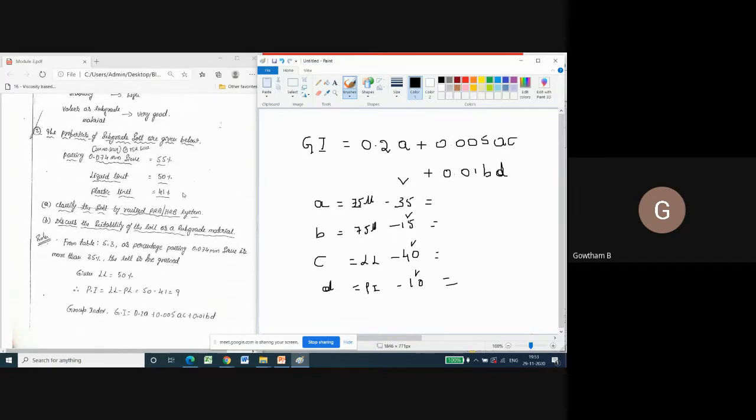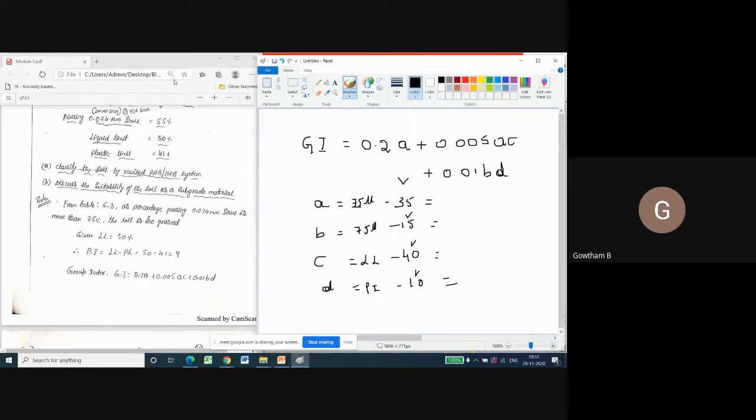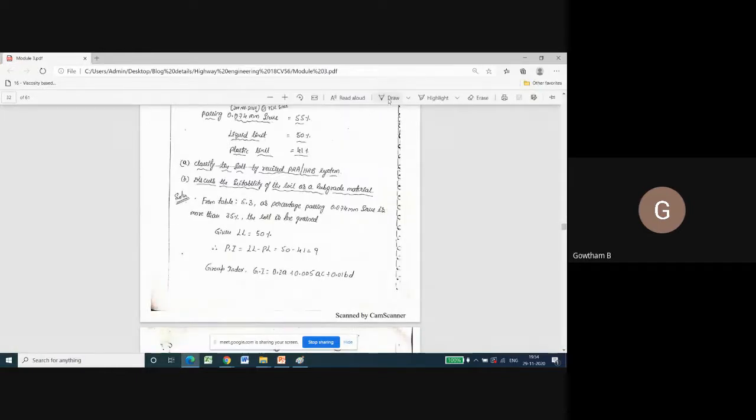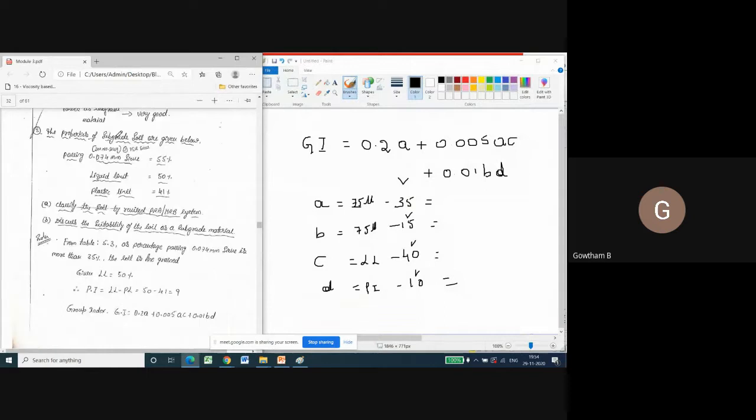To understand this, here we have one problem. Let us see what this problem is. The problem is: the properties of a subgrade soil are given below.